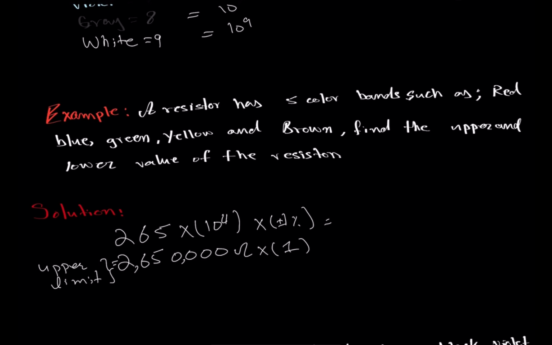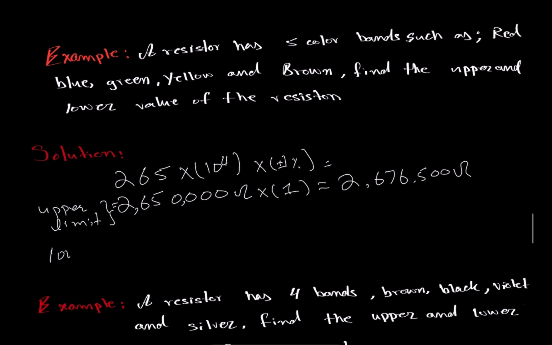So 2,650,000 times 1% is 26,500. So it'll give us 2,676,500 ohms. That is the upper limit.